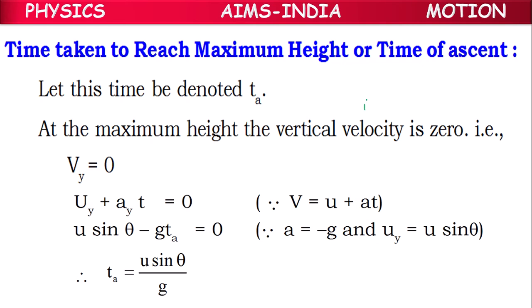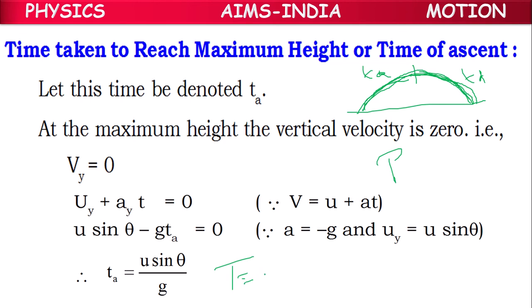While going up is time of ascent, while going down is time of descent. During both the times the body is in the air. The time spent by the body in the air is known as time of flight, capital T. Time of flight is equal to the sum of time of ascent and time of descent.